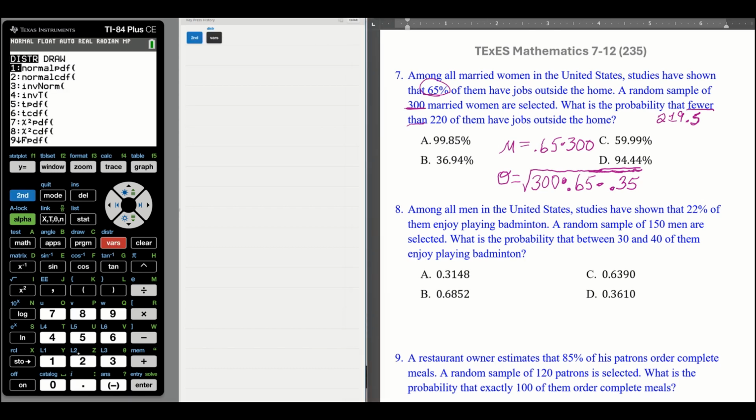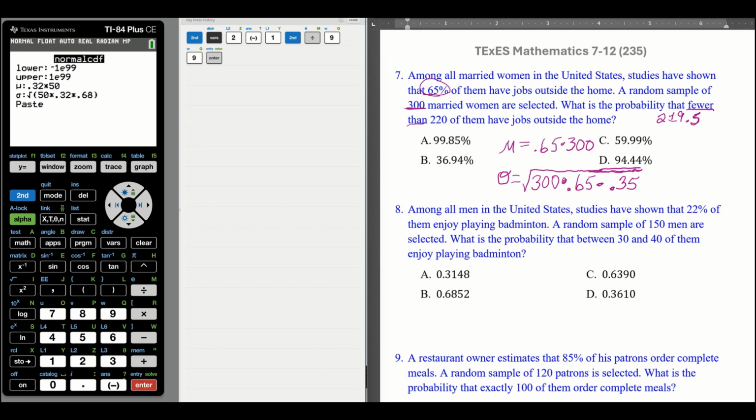Second, bars 2. Okay, what is our lower? It says fewer. That means it's going to be at the left end, the lower end of your normal distribution. So it's -1, second, divide to get our E, then our 99. Okay, enter that.